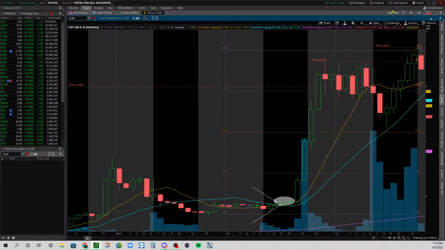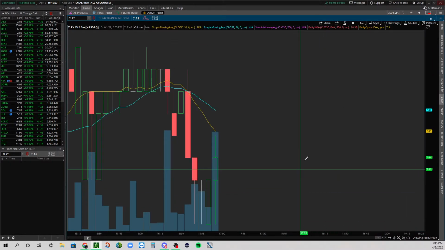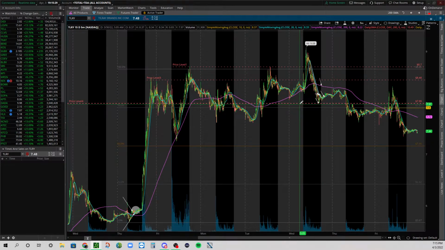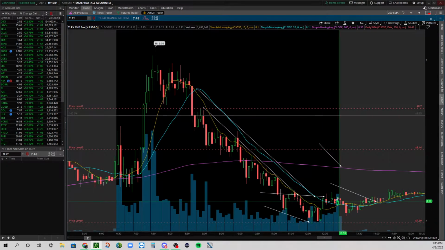And again, this is a different time frame. We looked at the 5 minute earlier, on this day right here. Same setup. So the probability of it running from here is pretty good.